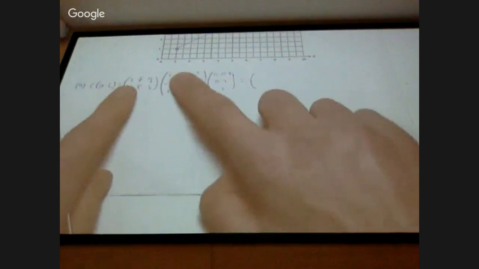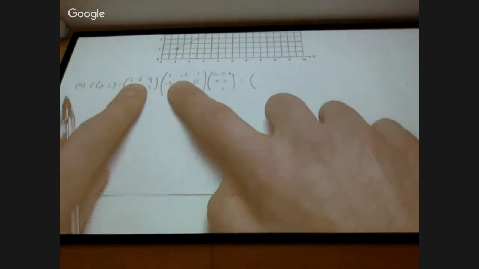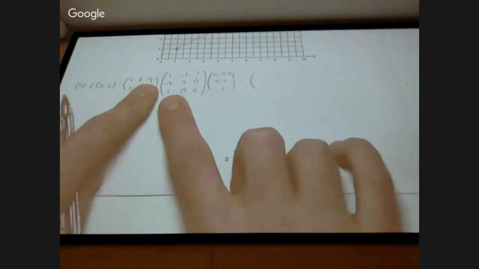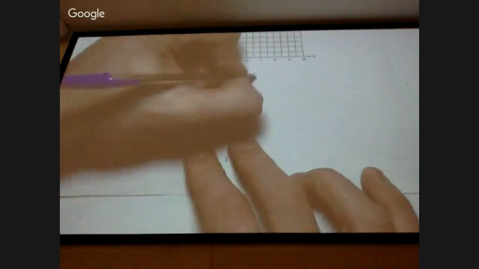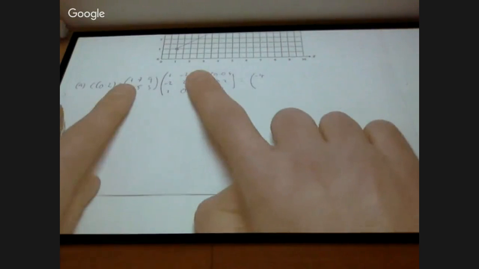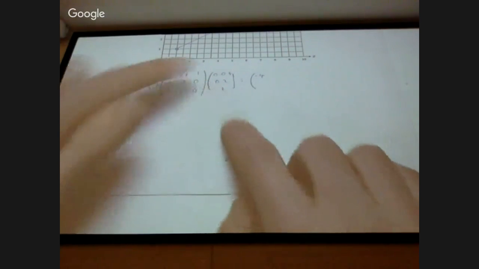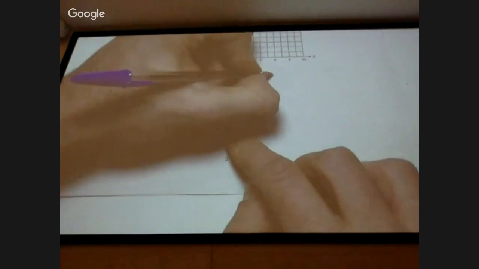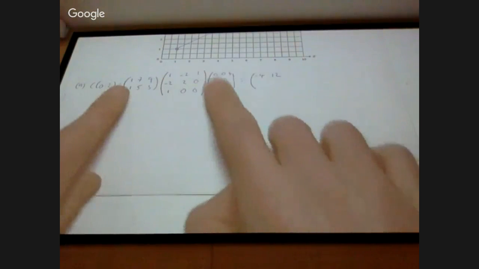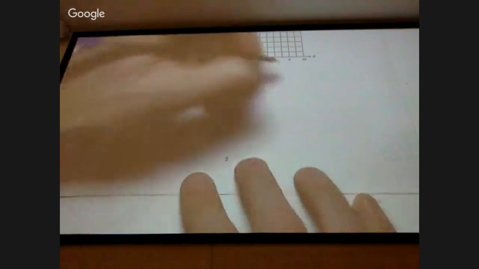So what we got: 1 times 1 minus 14 is minus 13, plus 9 is minus 4. Okay, second one, minus 2 plus 14 is 12. Now 1, 1.